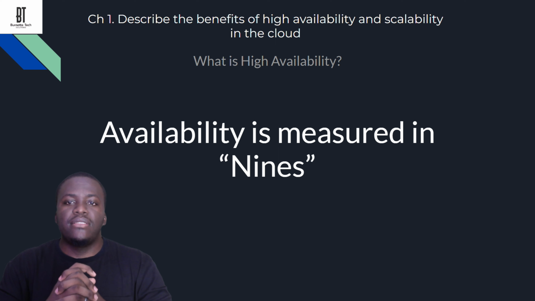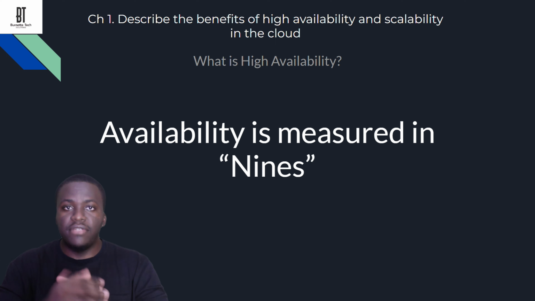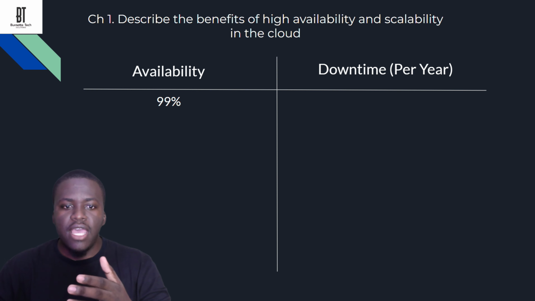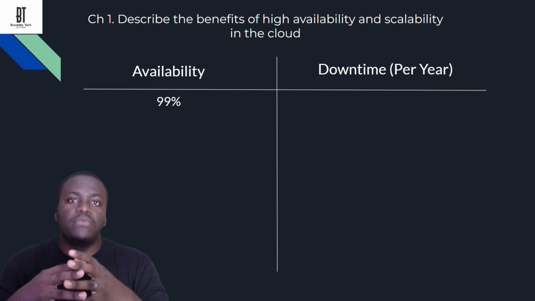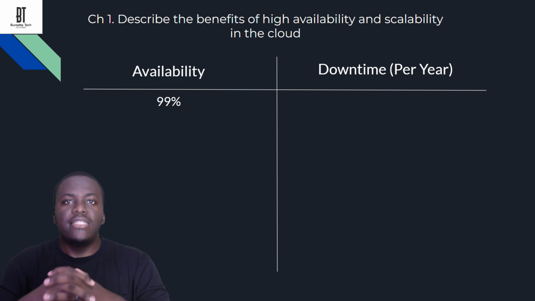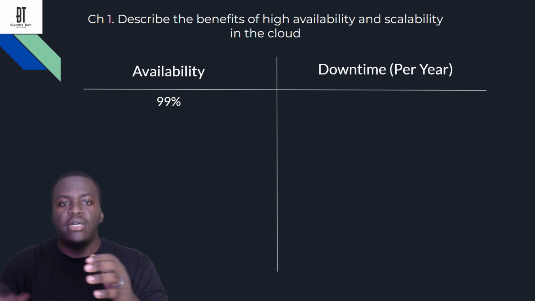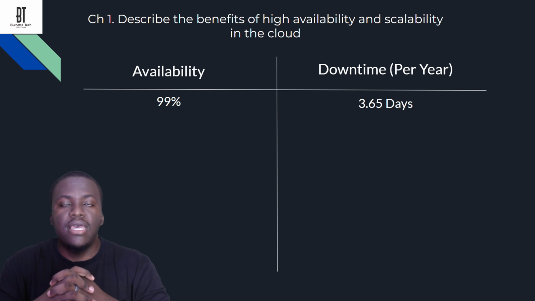This represents the percentage of time a system is available in a given year. So, if you go to purchase an Azure service and you see 99% SLA or 99% uptime, this means that this service is guaranteed to stay up for a certain amount of time in a year. So 99% availability means that you will only experience 3.65 days of downtime per year.